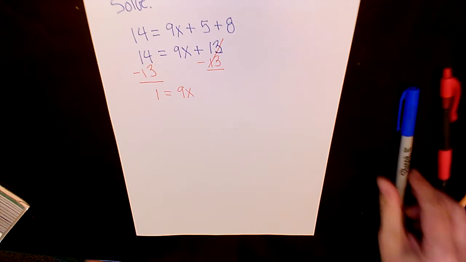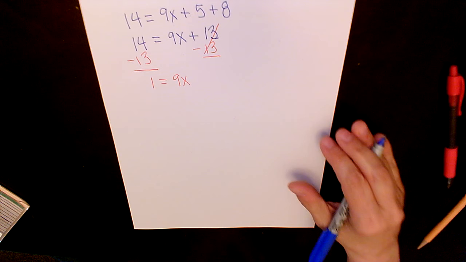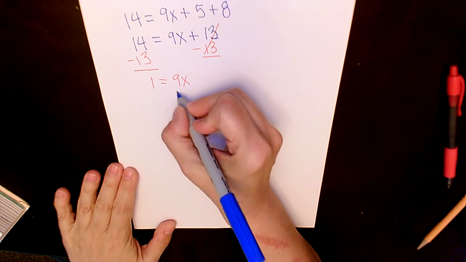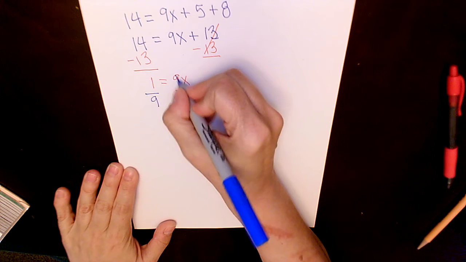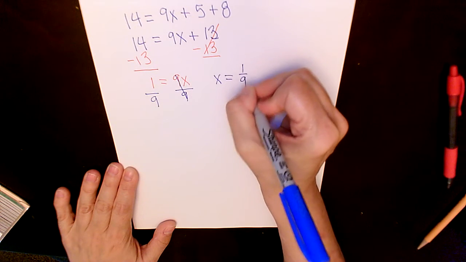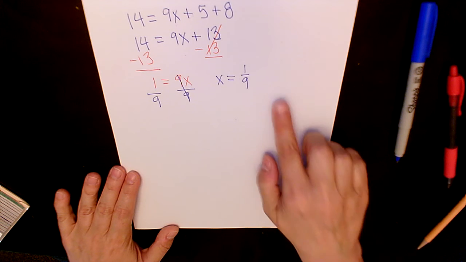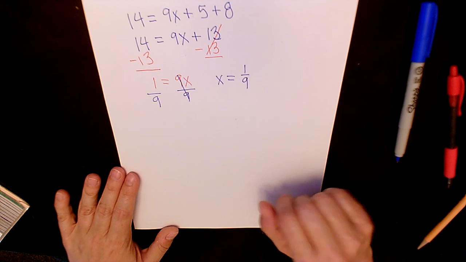And I'm going to bring down that 9x. And then the opposite of multiplying is divide, so I'm going to divide both sides by 9. These cancel out, so x equals 1/9. And you can put that in with the keypad, as we talked about before.